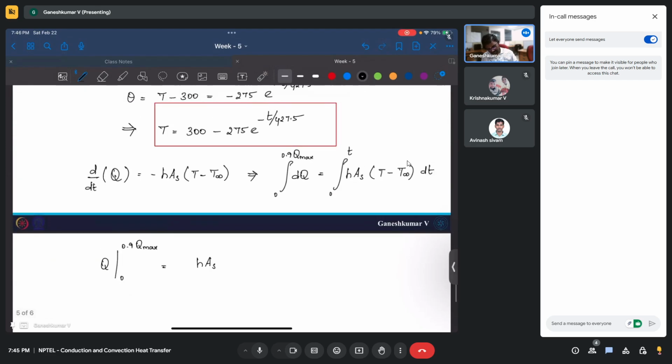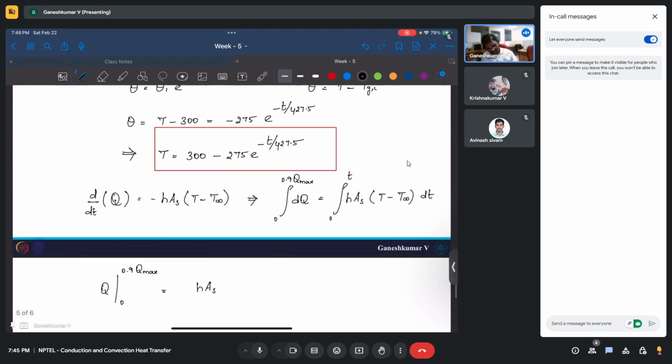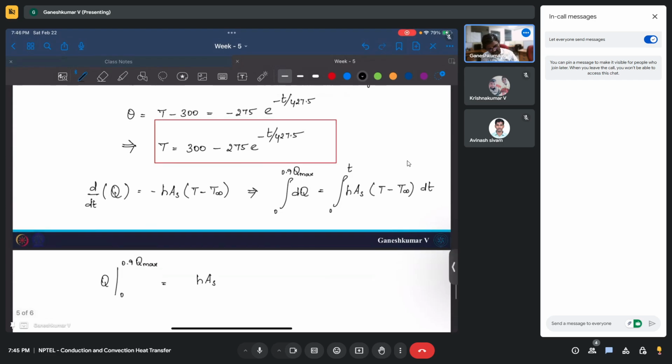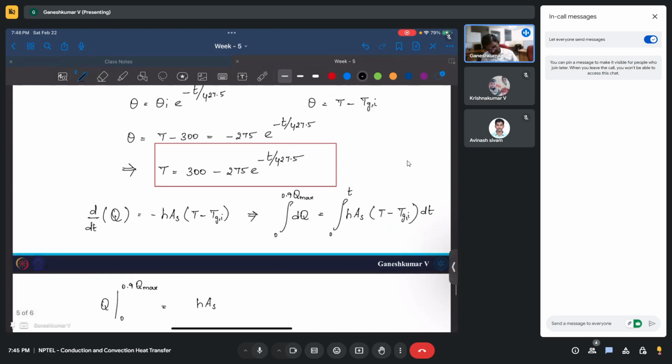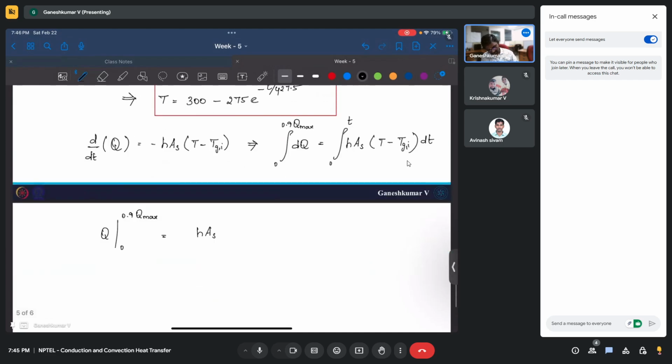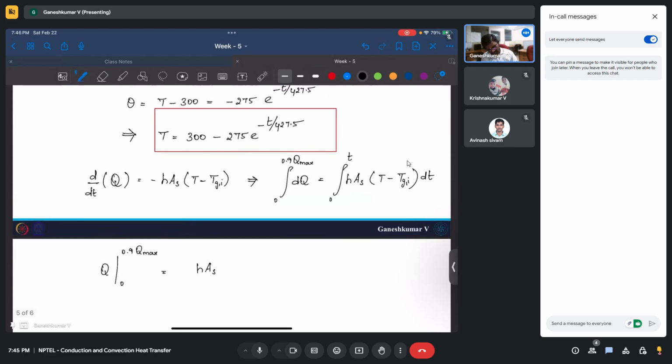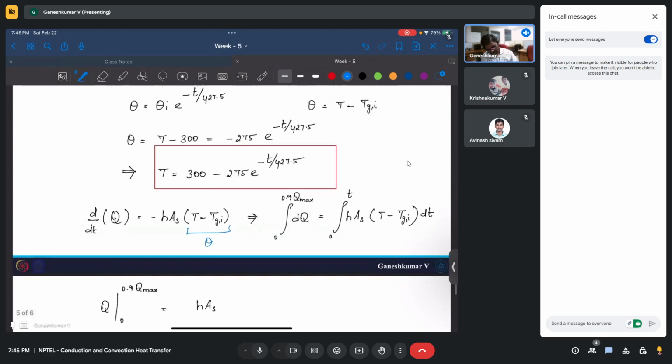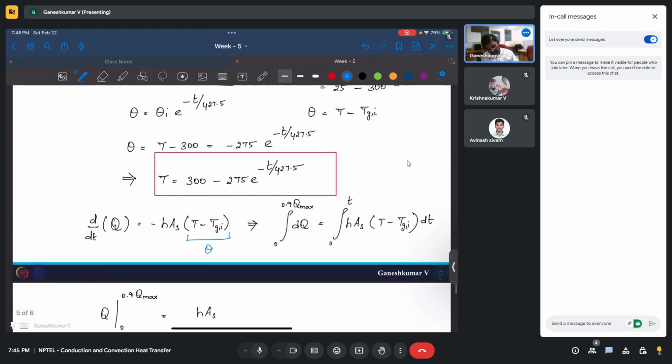T minus T infinity, we saw, is nothing but T minus T gi. I will use the same terminologies. Here also it's T gi. So T minus T gi is nothing but theta. And theta we already know, it's theta i times e power minus t by 427.5.